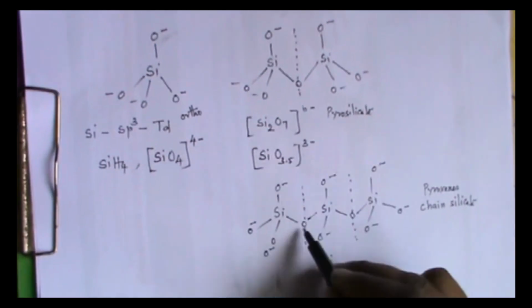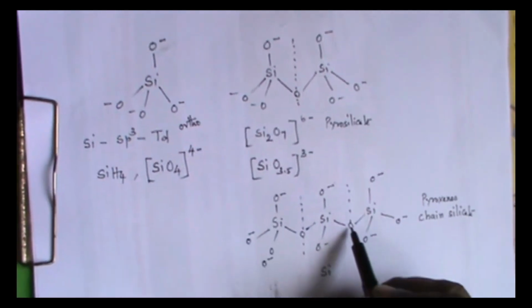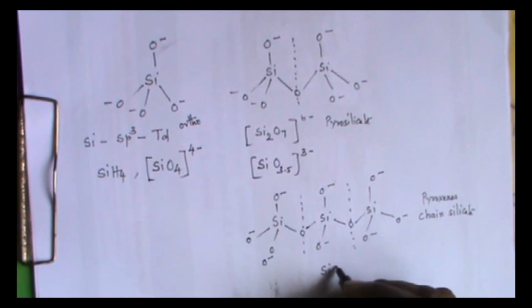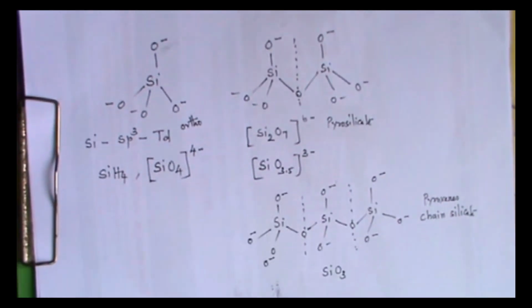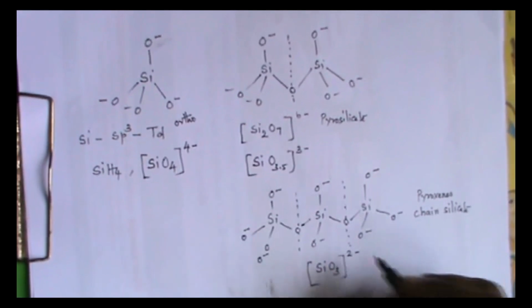These 2 are not shared with other silicon atoms, so I can take them as such. These 2 oxygen atoms are shared by another silicon atom. So half of this oxygen atom belongs to this. Similarly, half of this belongs to this. So totally I have 3 oxygen atoms. There are 2 minus charges, so 2 minus. So this is the repeating unit in pyroxene.